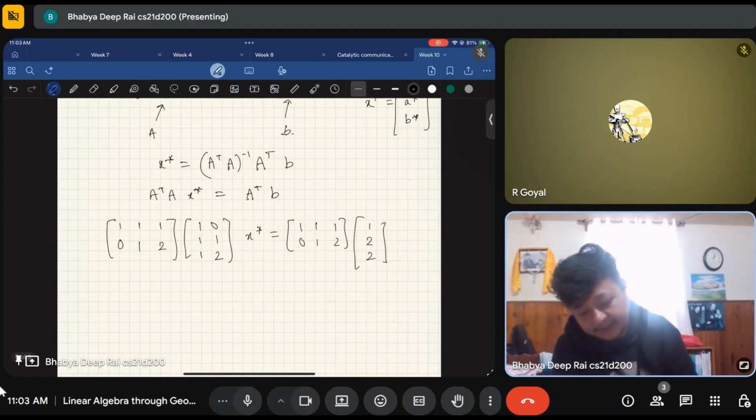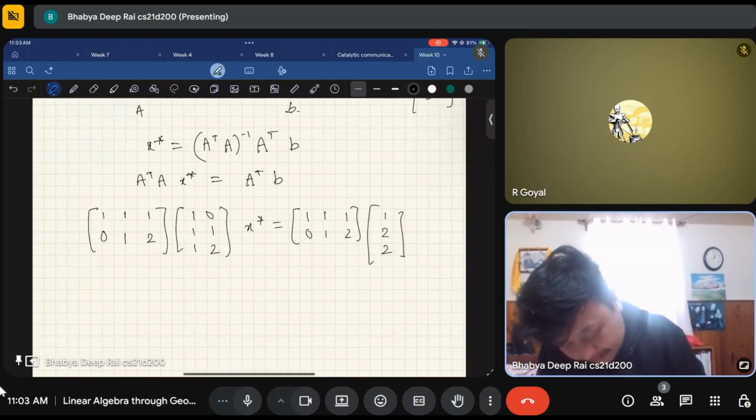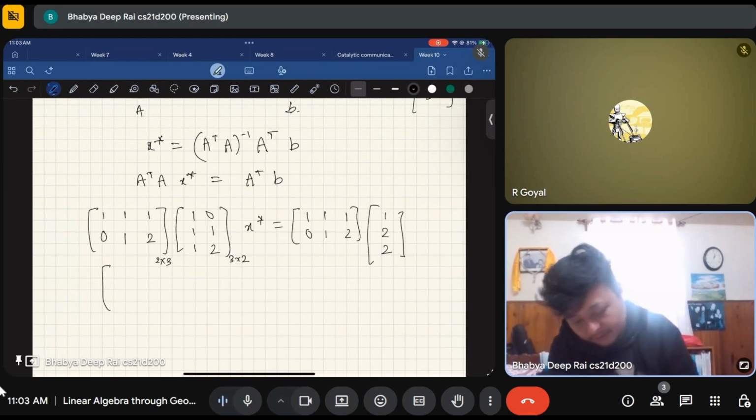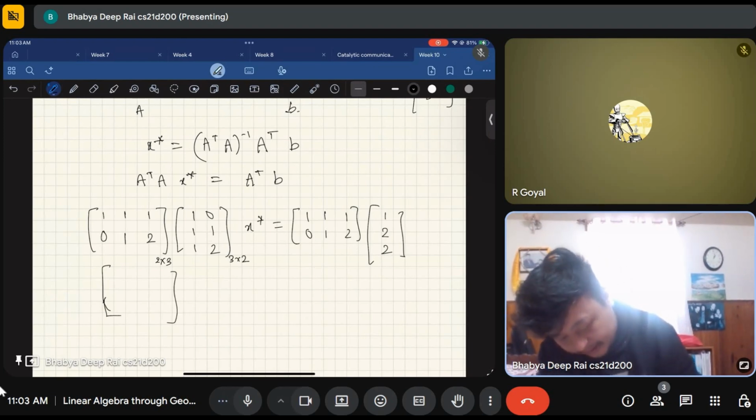Now if you do this multiplication, what is the dimension? This is 2 cross 3, and this is 3 cross 2, so I should get a 2 cross 2 matrix.